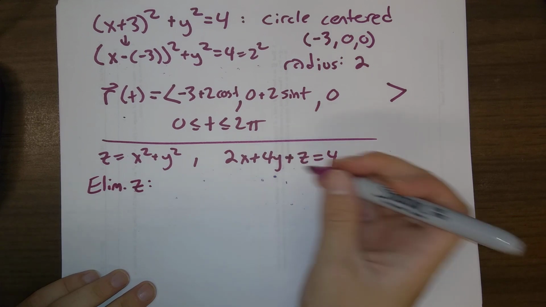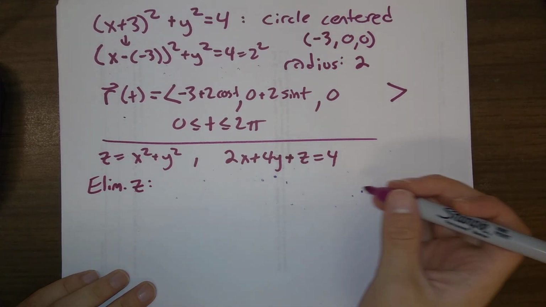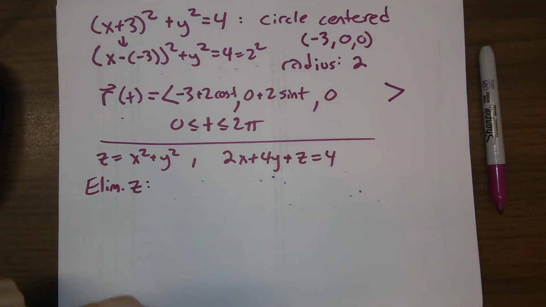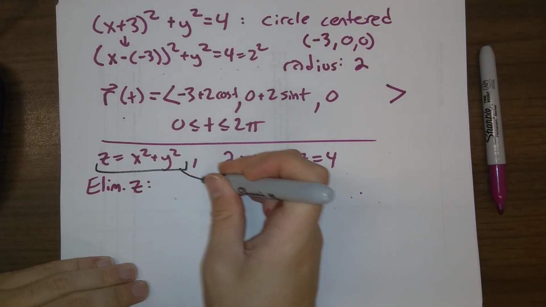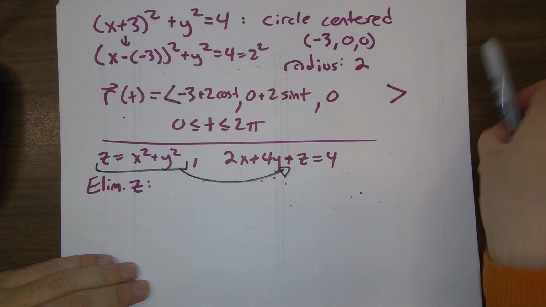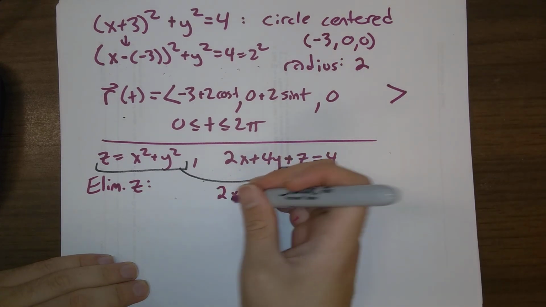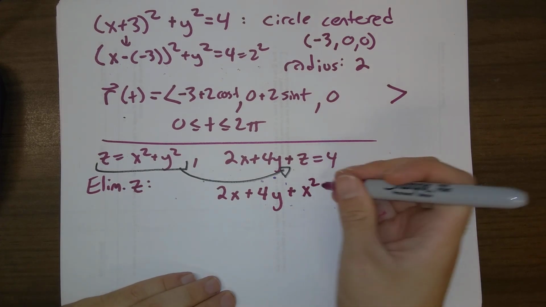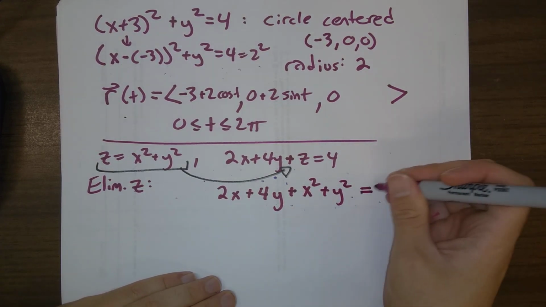So if we plug in this in here for z, we'd end up with 2x plus 4y plus x squared plus y squared is equal to 4.